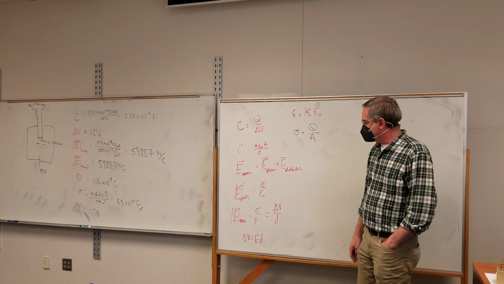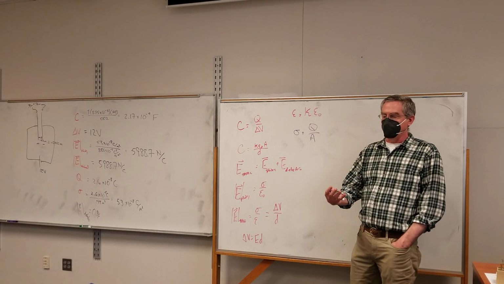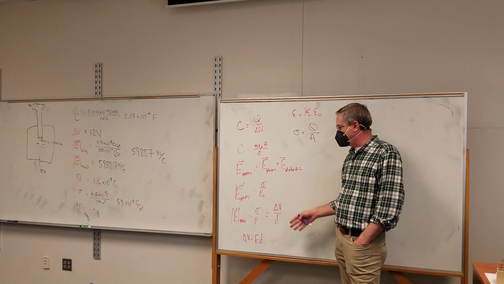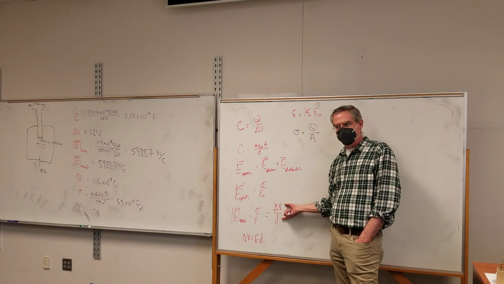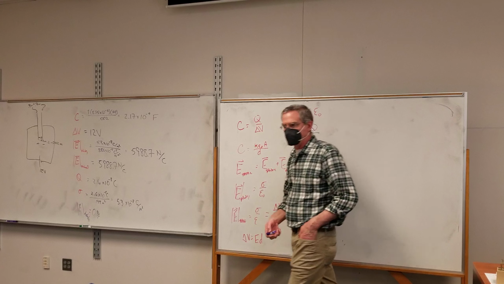Now, there's one equation that we have not used here, well, there's a whole slew of them, but the one equation that's written on the board here we have not used: the total electric field is equal to delta V over d. We can use this just to check ourselves.